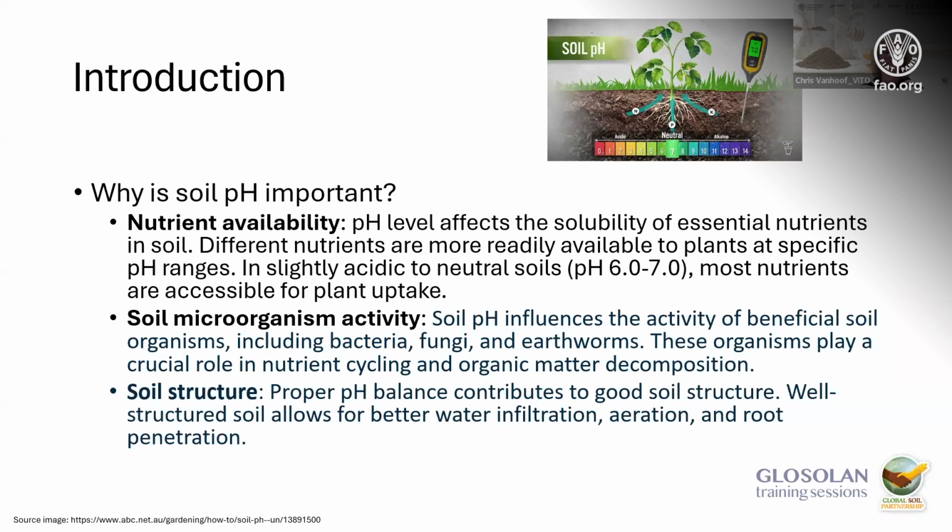If these pH ranges differ, also the availability of your nutrients can change. In slightly acidic to neutral soils, we're talking then about a pH between 6 and 7, most of the nutrients are accessible for plant uptake. So it's very important for the nutrient availability that you have a neutral pH in the soil.